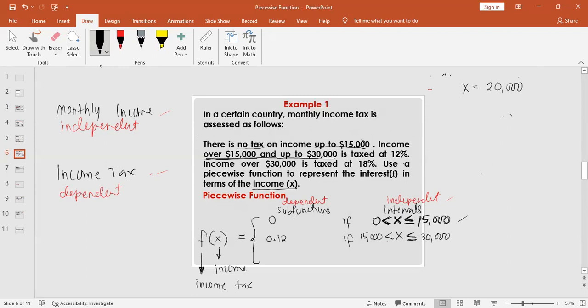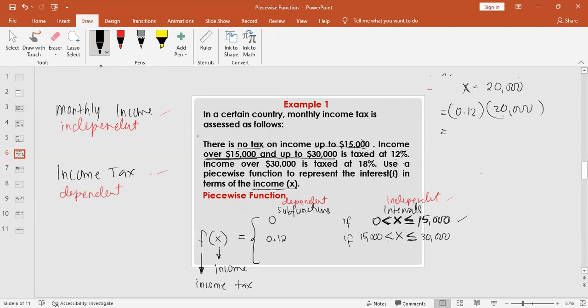Diba, sabi natin, 12% ng monthly income para makuha natin yung income tax. So, ang mangyayari, class, we will multiply 20,000, which is the monthly income, by 12% or 0.12. Wait for a while.